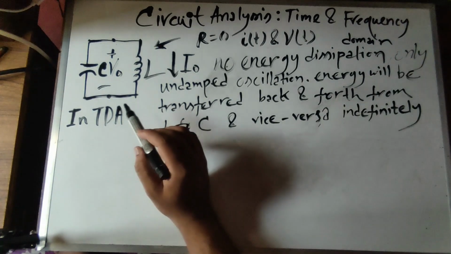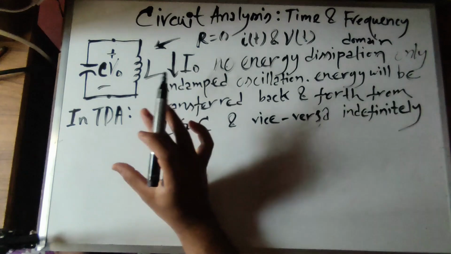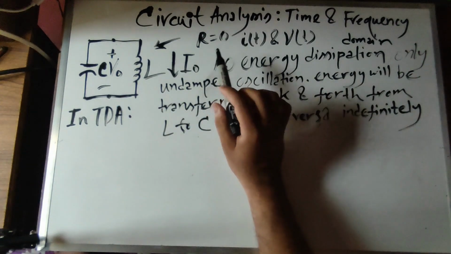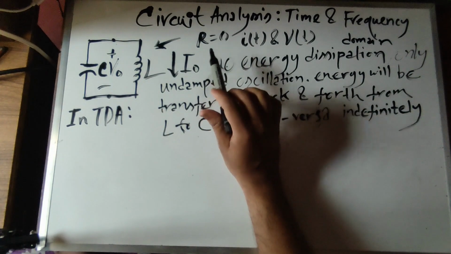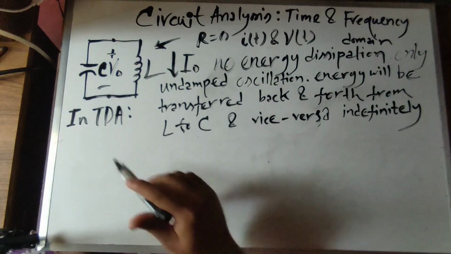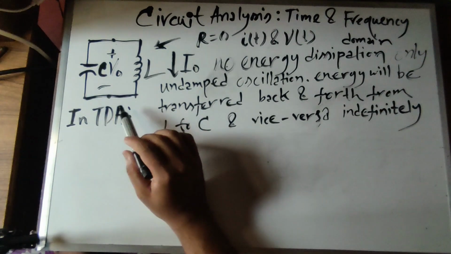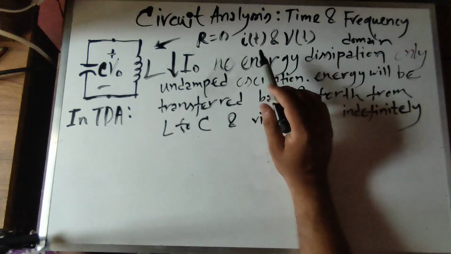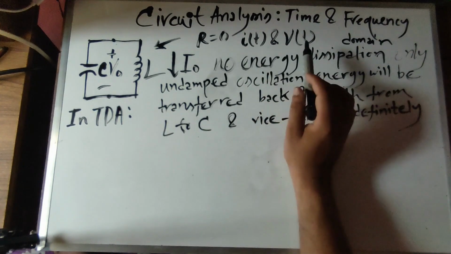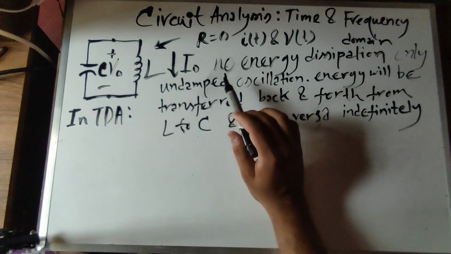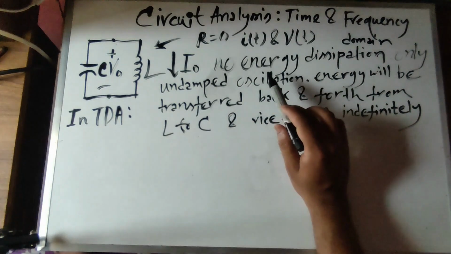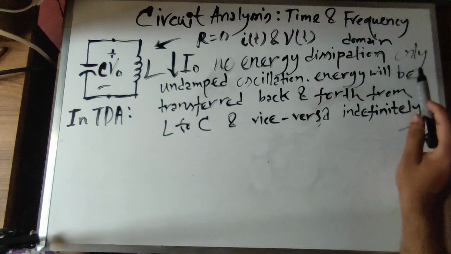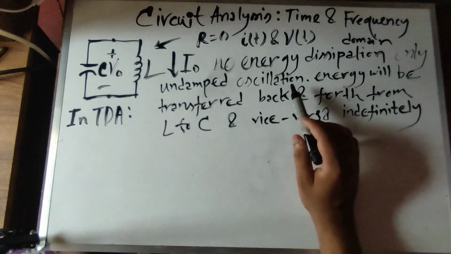For this source-free LC circuit response, we have assumed zero resistance, and this is a second order LTI system. That's why the response will be both current and the voltage. There will be no energy dissipation, only undamped oscillation.